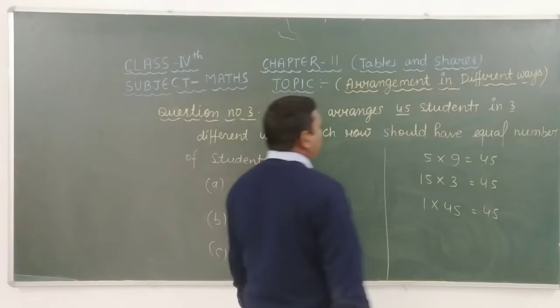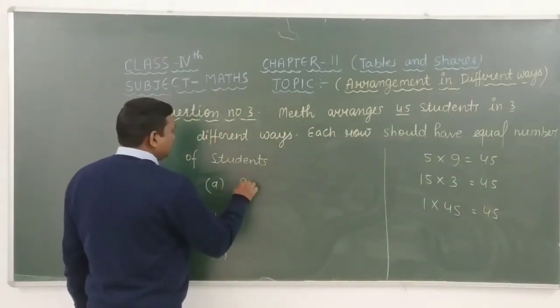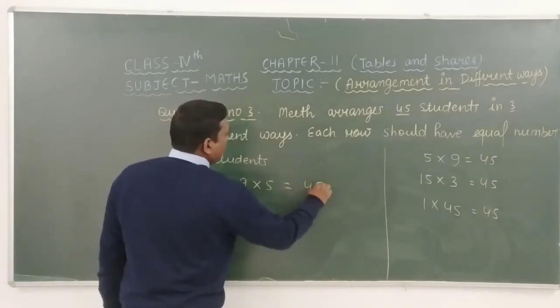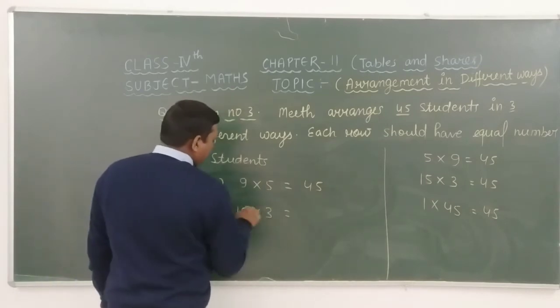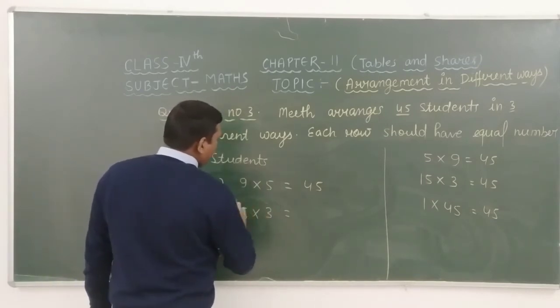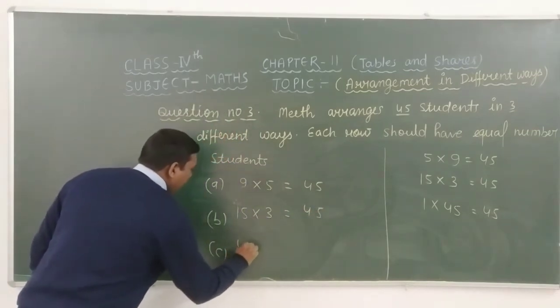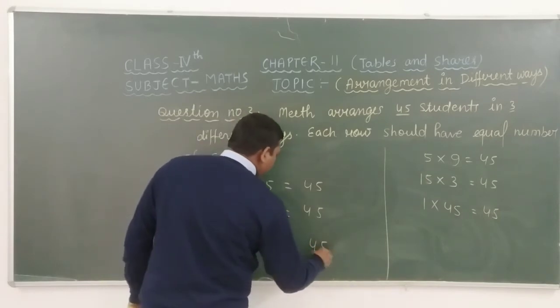Similarly, we can write 9 into 5, 9 times 5 is 45, and 15 into 3, 15 times 3 is 45, and 45 into 1 is equal to 45.